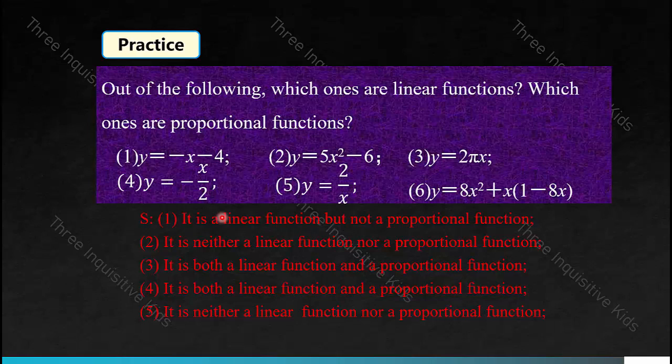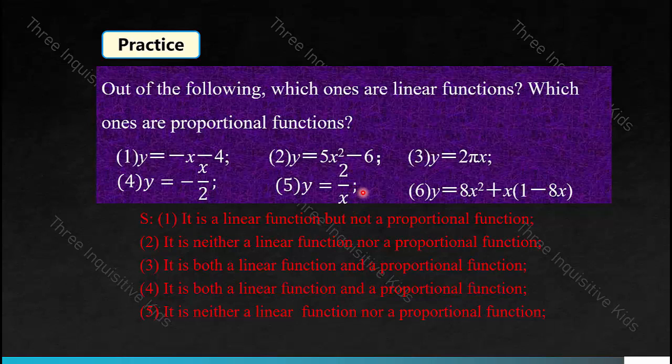And the definition of a whole expression is that there is no variable in the denominator of a fraction. And here there is, so x is in the denominator of this term, meaning it is not a whole expression and this is not a linear function.